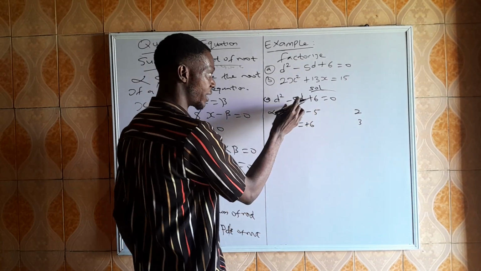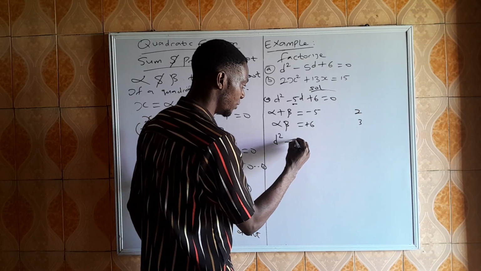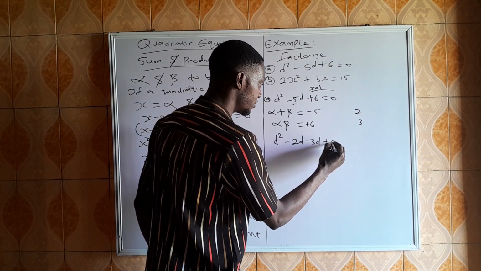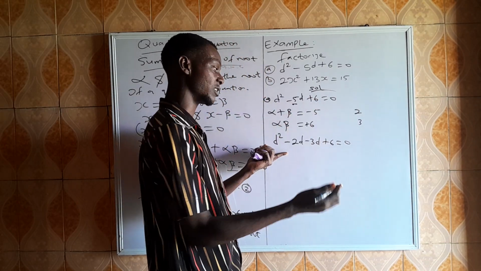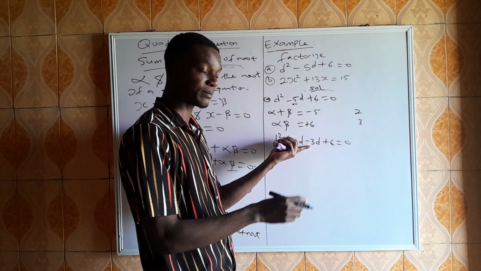From here, we can write this expression as d squared minus 2d minus 3d plus 6 equals 0. This expression and the previous one are saying the same thing, since minus 2d minus 3d gives you minus 5d.